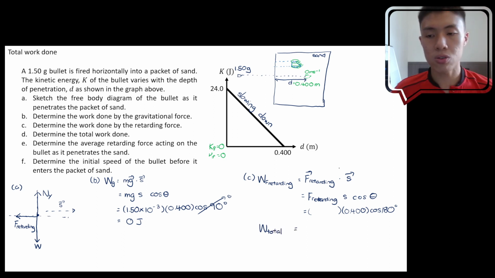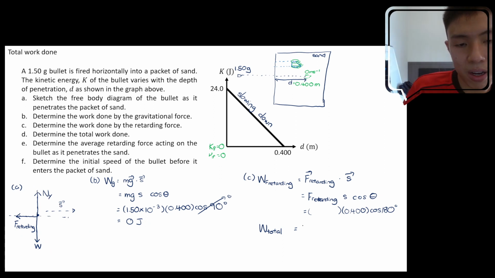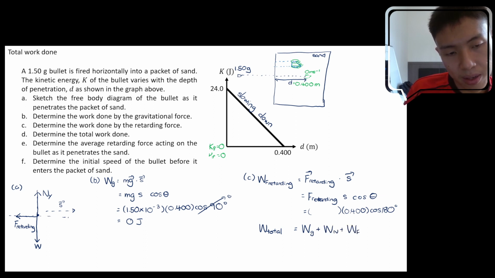But how do we find work total? We have three forces over here, the N, the W, and the F retarding. We have to find the work done by all these forces: the work done by gravity, the work done by the normal, and the work done by F retarding.